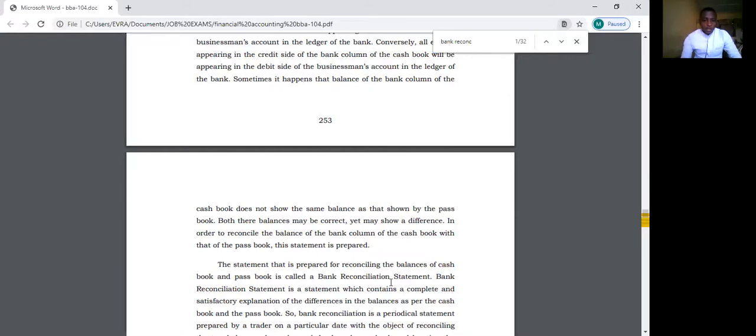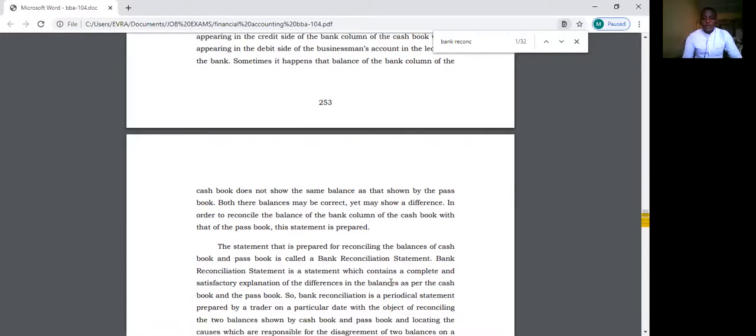So, learners, a bank reconciliation statement is a statement which contains a complete and satisfactory explanation of the difference in the balances as per cash book and as per passbook.